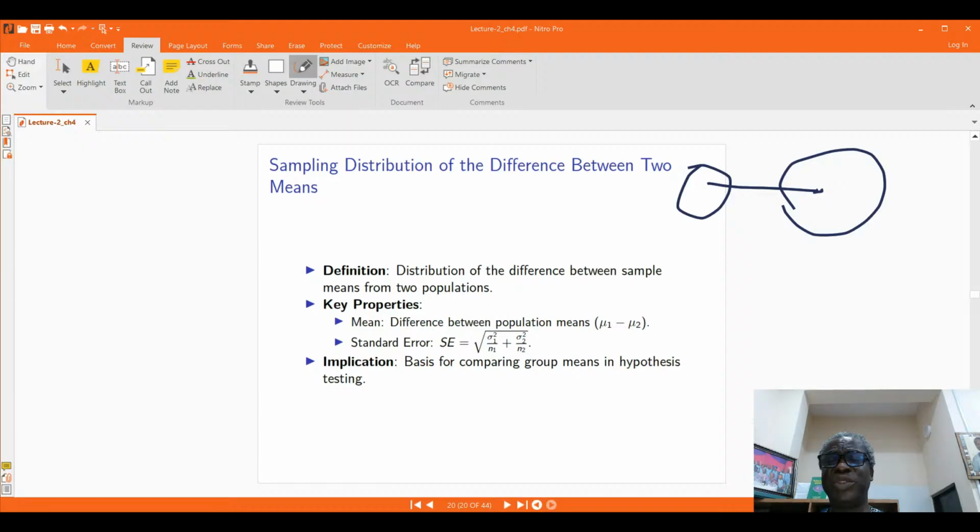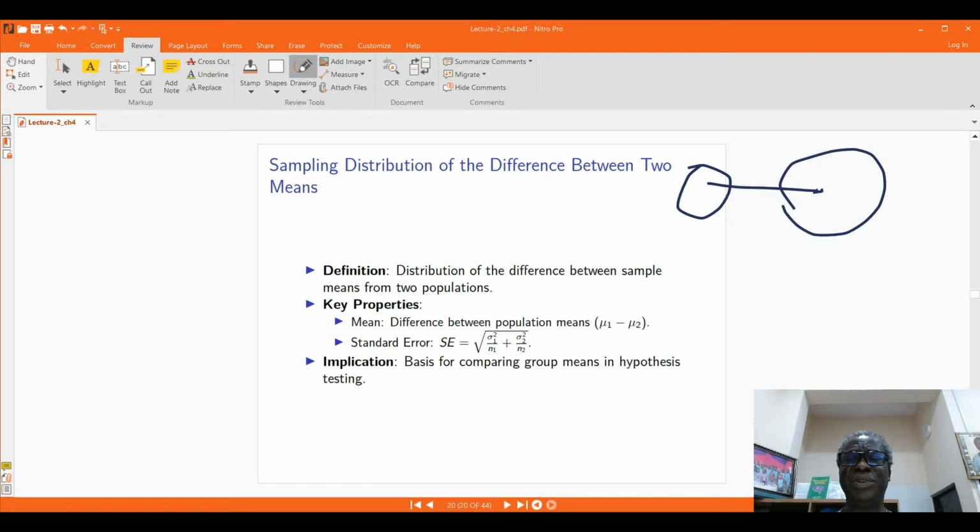The difference between the two population means will give you the mean of the sampling distribution of the difference of two sample means. The standard error is what you have there, the square root.